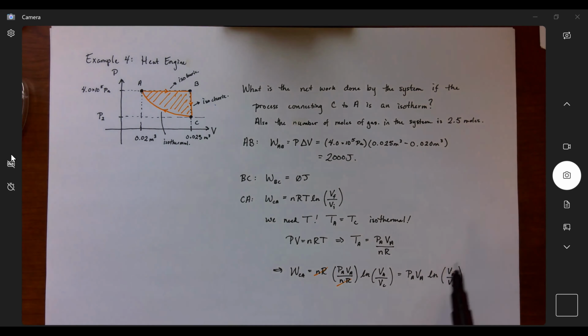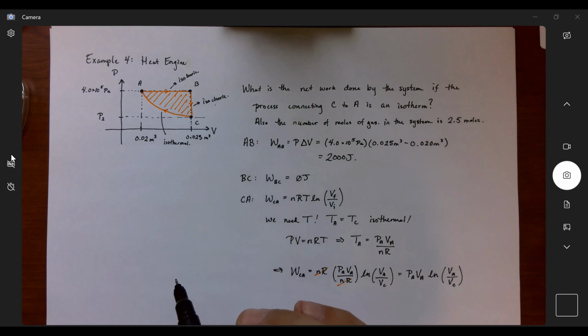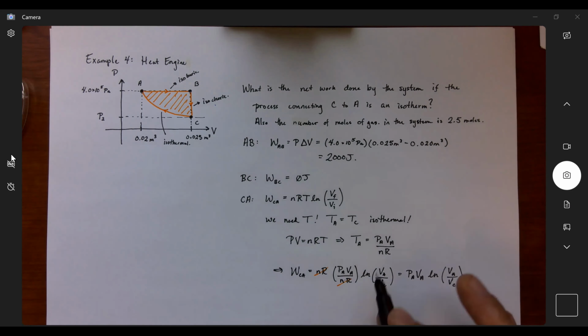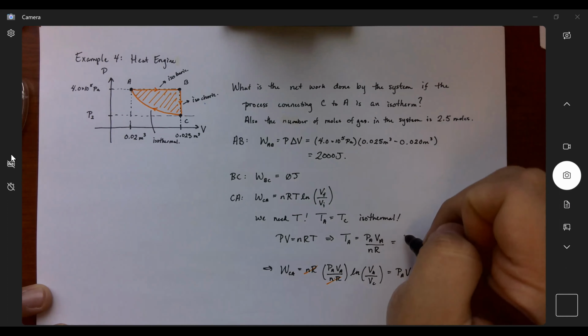If one were to also ask in this process, what is the temperature of this isotherm, you would then just need to calculate this out as well. So if you wanted to calculate this out for yourself, it's just a matter of plugging in the information.